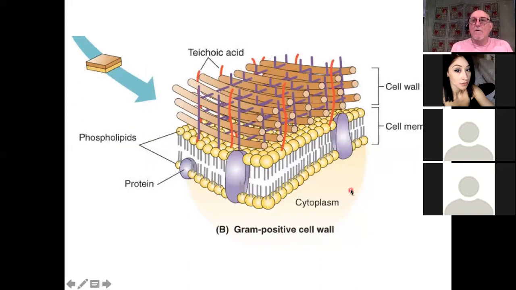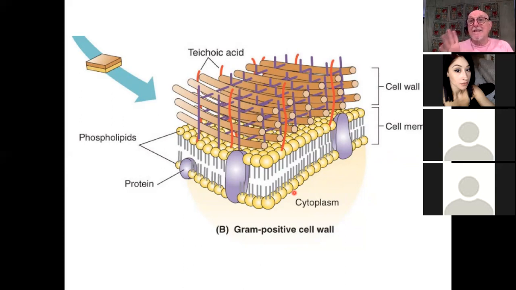We're going to stain the whole cell with a stain called crystal violet, which fills the whole cell and stains it a deep blue. It doesn't matter whether it's gram-positive or gram-negative; it stains them both deep blue.